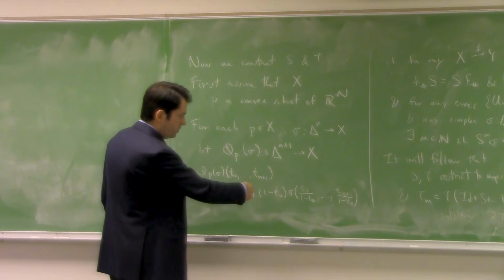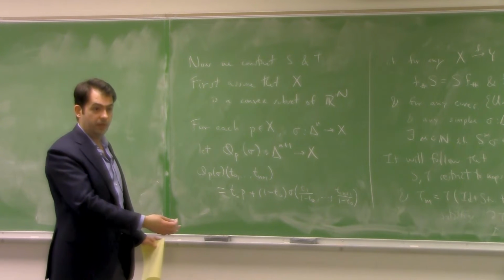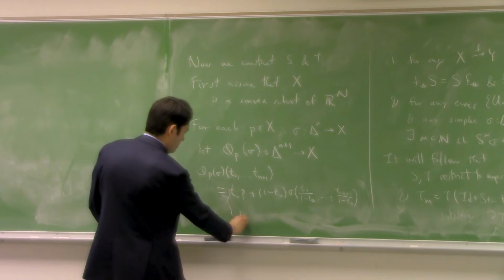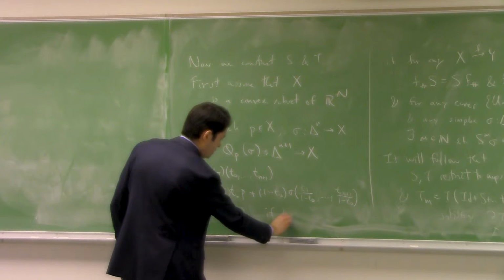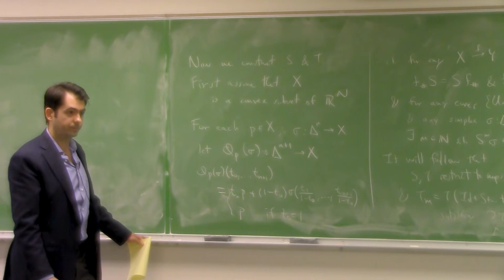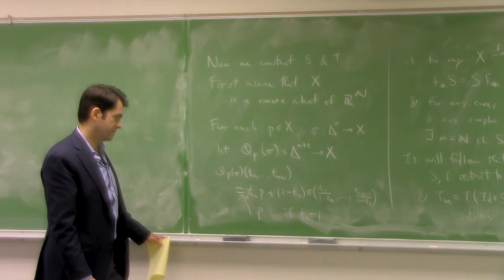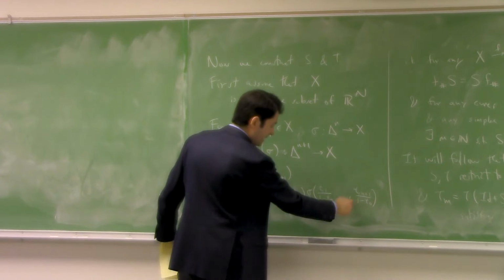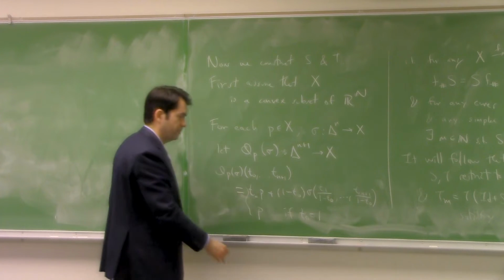As long as 1 minus t0 is not 0, right? If it is 0, then just take P. So P if t0 is 1.